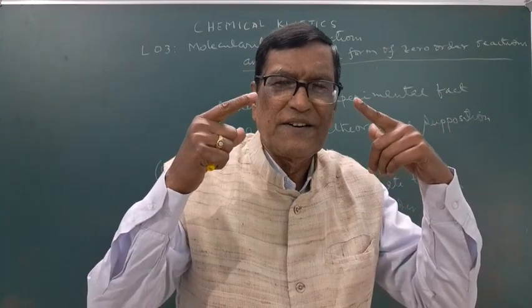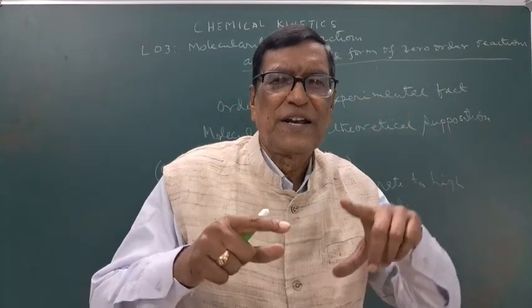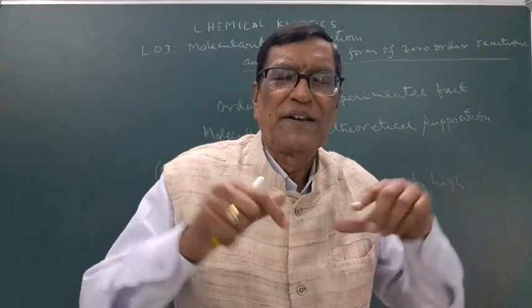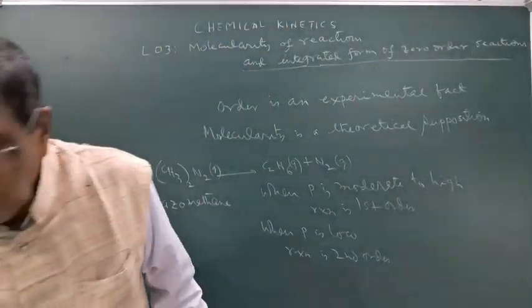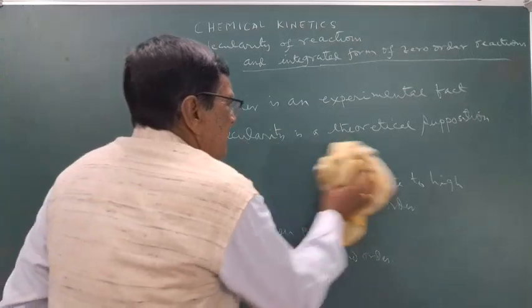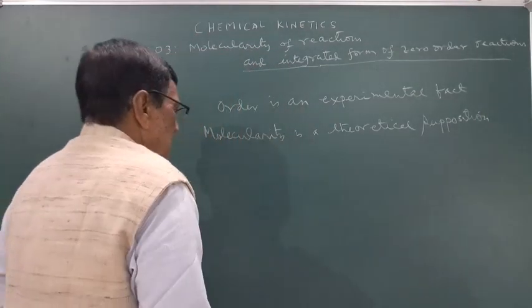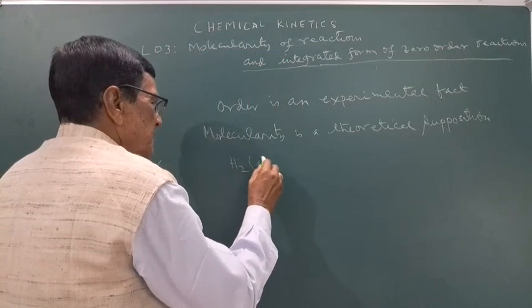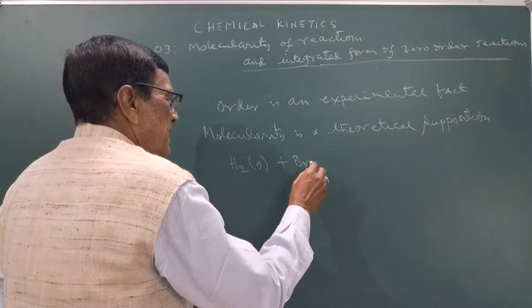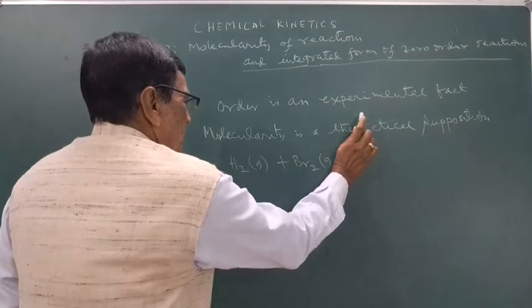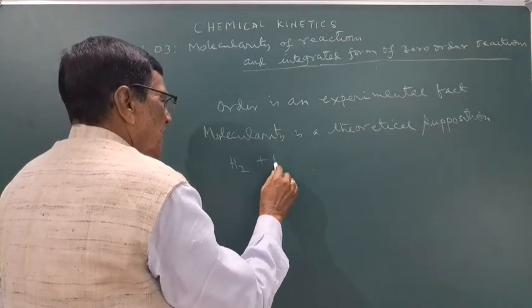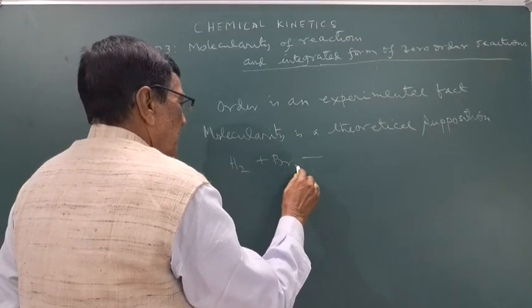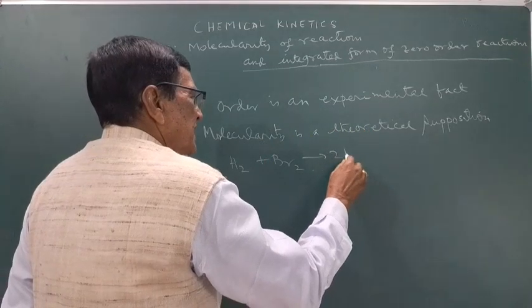In the combination of hydrogen and bromine, whenever reacting, hydrogen gas plus bromine gas giving you twice HBr.